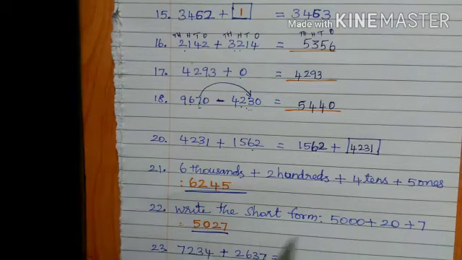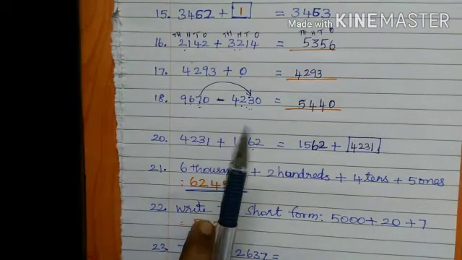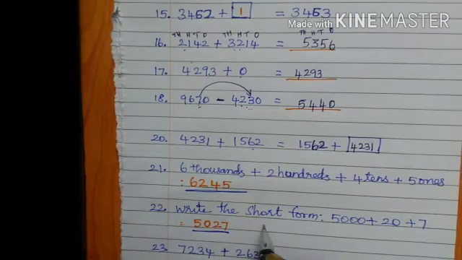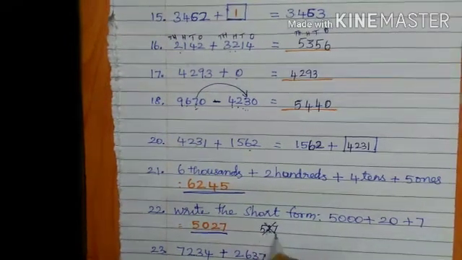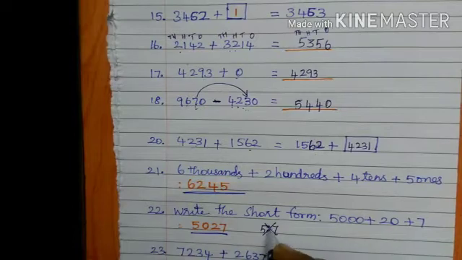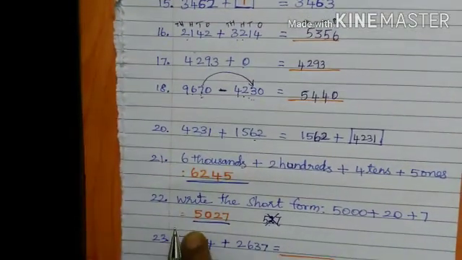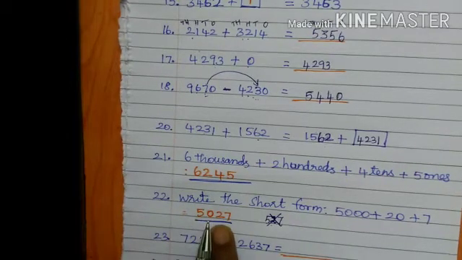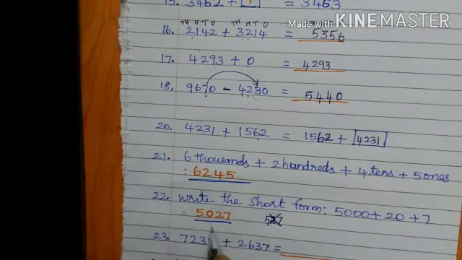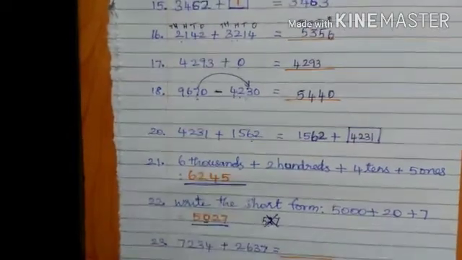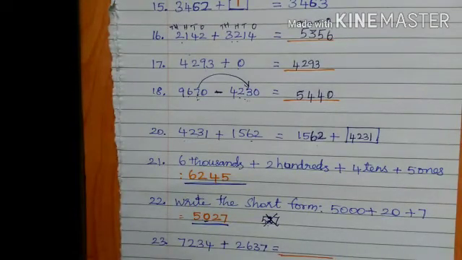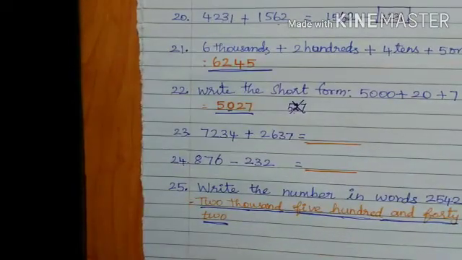Otherwise if you leave the 0 and write 527, this is wrong. Okay children, you understand and write this one 5027. So put the 0 in the hundreds place.